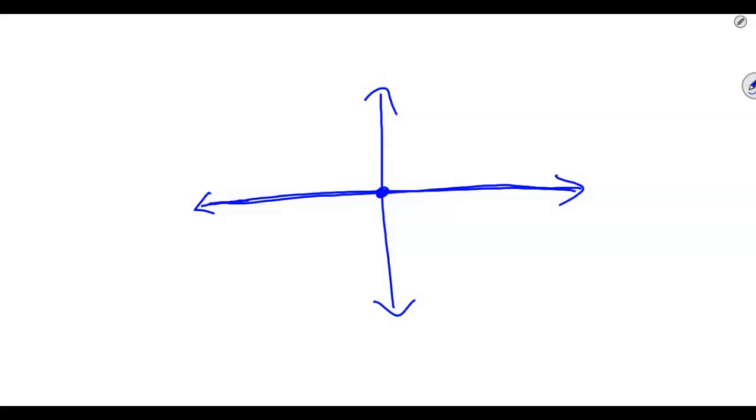Chris. X-axis. Good. This is the x-axis. And what is this then? Mark. The y-axis. Perfect. Important thing. When you write an ordered pair where it's a number, comma, another number, in parentheses, which one always comes first? Kara.